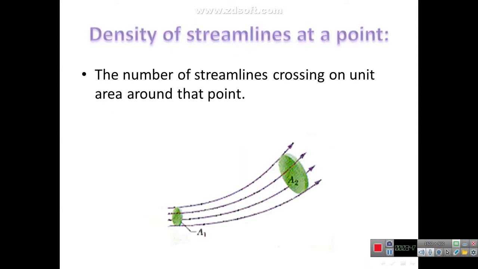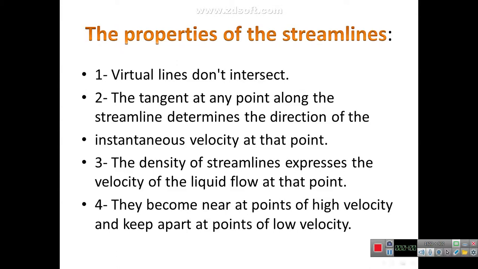After talking about the characteristics of streamlines, we should define the density of streamlines at a point: the number of streamlines crossing a unit area around that point. Okay, the properties of the streamlines. Number one, they are virtual lines that don't intersect.